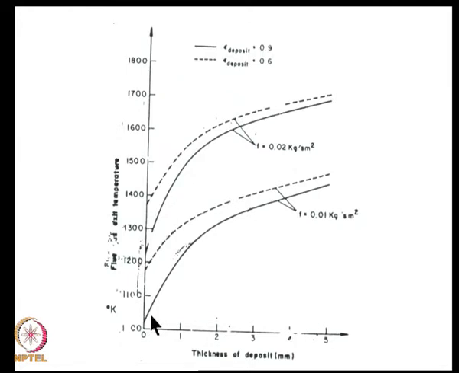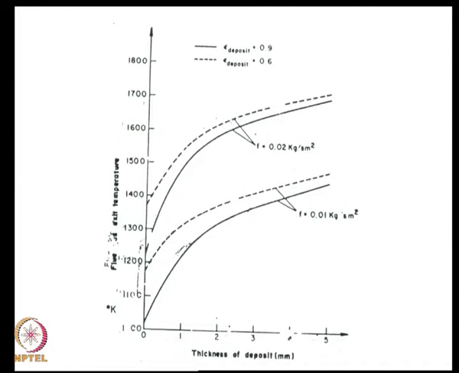And you can see clearly that by the time you have a 5 millimeter deposit of ash, which can happen quite quickly if the coal that is being used has a high ash content like in India, the temperature at the exit can go from 1000 to 1700, and this will have a very serious impact on the efficiency of the furnace, because the furnace is not able to transfer enough heat to the heat sink, in this case boiling water. So, this clearly illustrates how often you need to clean the walls of the tube to keep the ash deposit to within about a millimeter or so, because as it goes on increasing, it does reduce the ability of the gases to transfer heat to the sink.